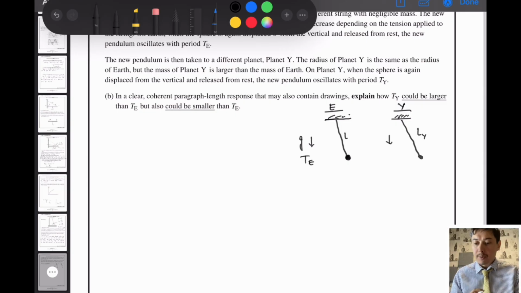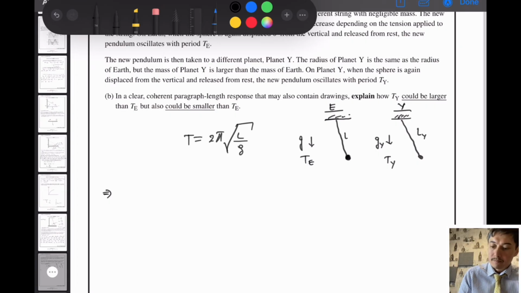Similarly, because the other planet has a different mass, even with the same radius, it has a different g, let's say gy, and also the period Ty. So start with the equation. What's the equation? T is related to the square root of L, but inversely related to the square root of g.